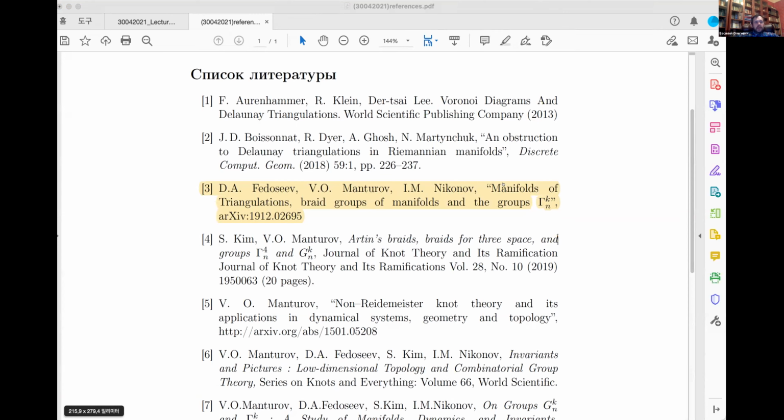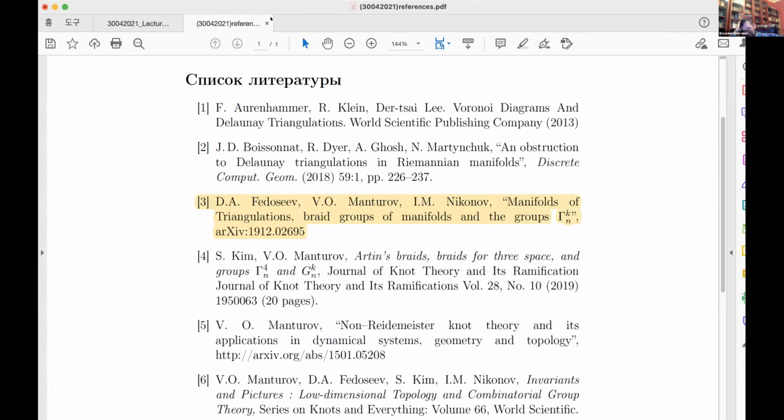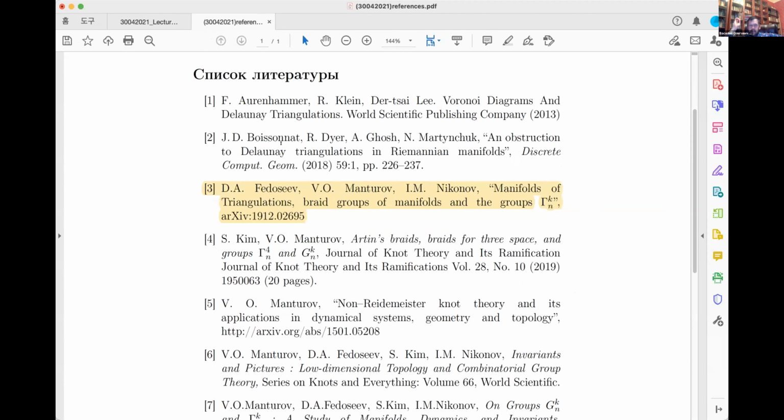Actually, we saw gamma n 4, and gamma n 4 is something for two-dimensional surfaces, and also we have gamma n k, which has to be defined next time. And as for those fundamental groups of the moduli spaces, there are three options: geometrical, topological, and combinatorial.